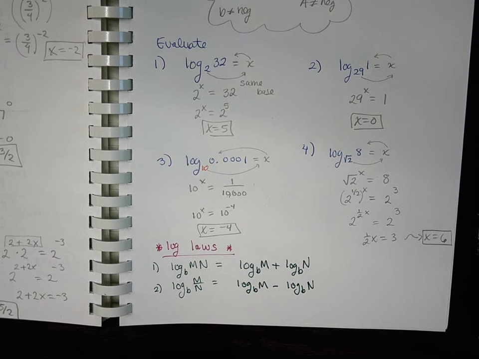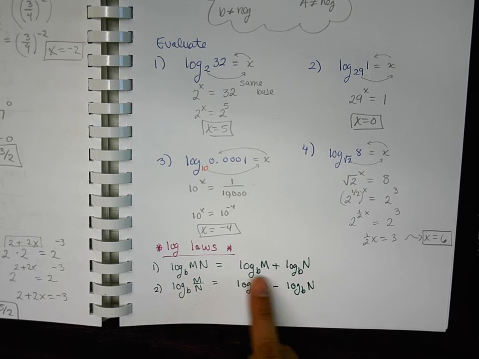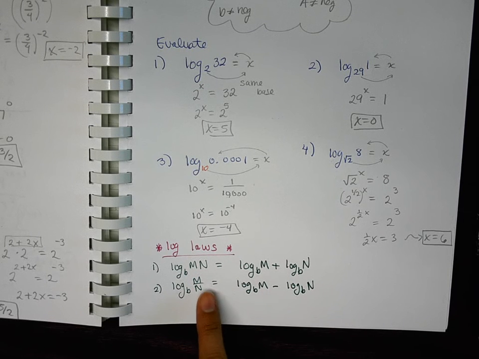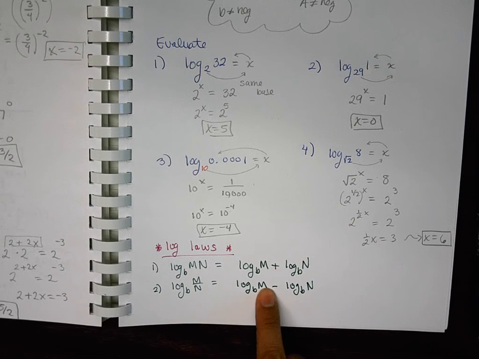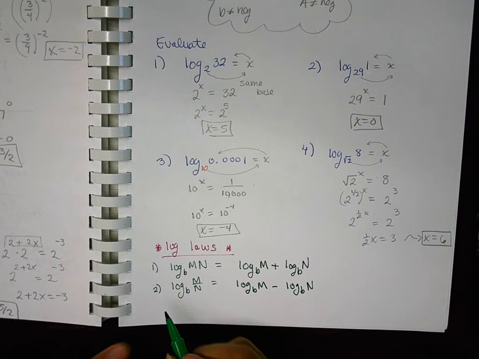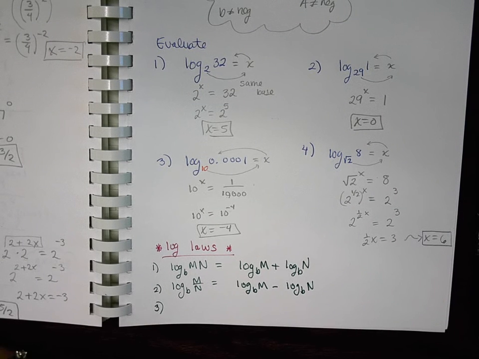Minus. One way to remember it is when you're multiplying like bases, you add the exponents. When you're dividing like bases, you subtract the exponents. So multiply, addition, division, subtraction. It's just how to link them together. All right. Questions before I move on to the third one?